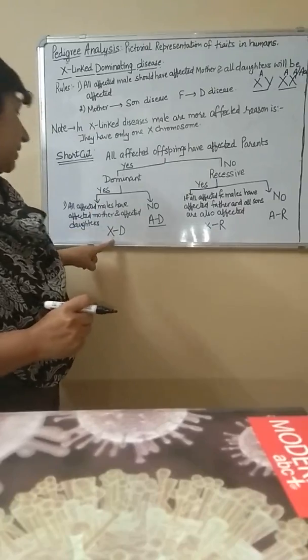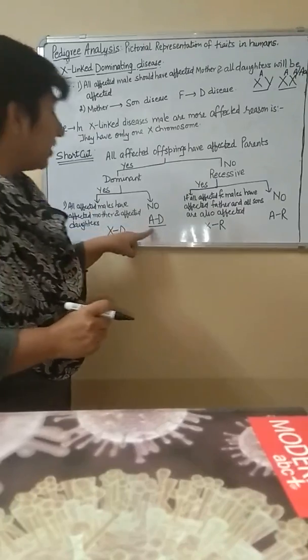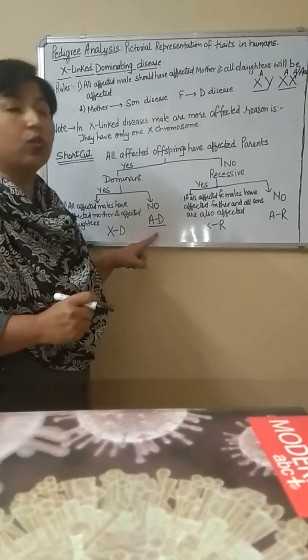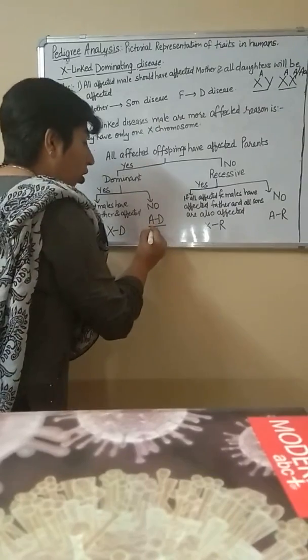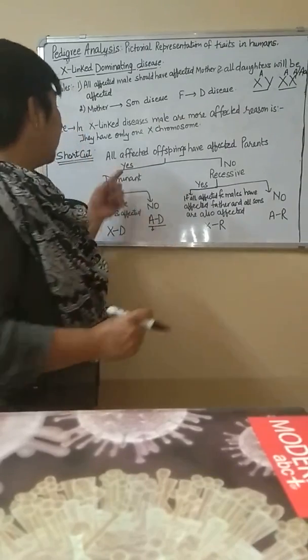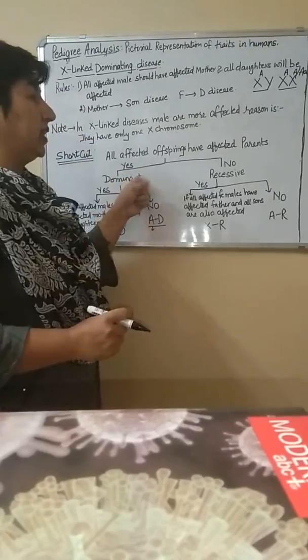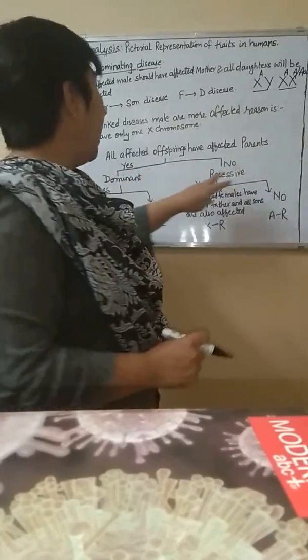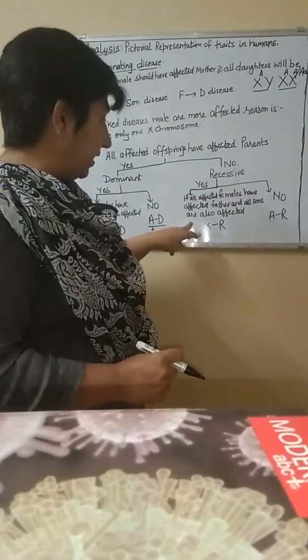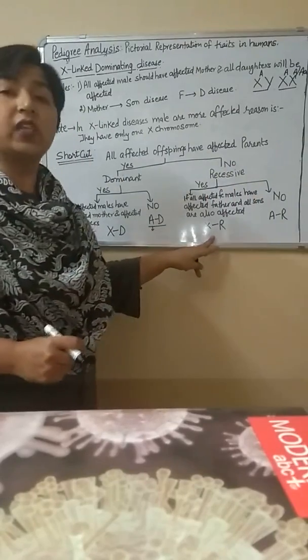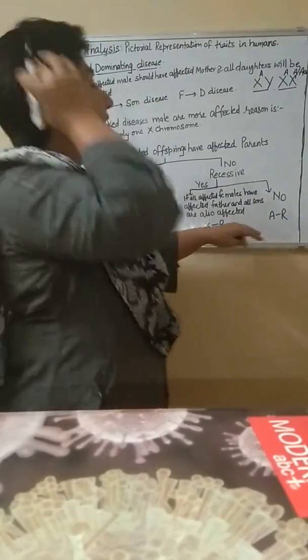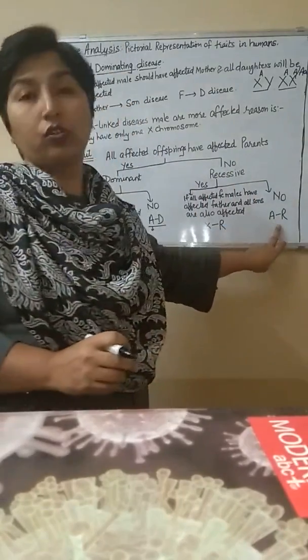If it is not satisfying this condition, then it is autosomal dominant. If it is not dominant, then it is recessive, and under the recessive yes condition, it is X-linked recessive, and if it is no, then autosomal recessive.